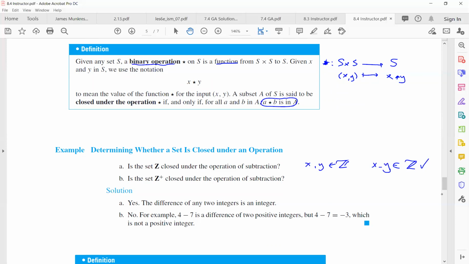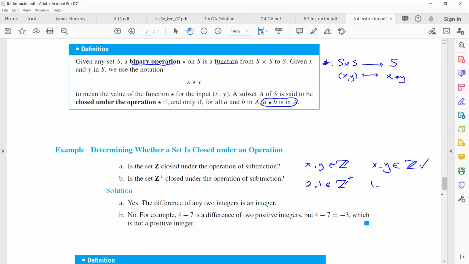What if I change the set to be just positive integers? Is this again closed under subtraction? Okay, suppose I take 2 and 1 in Z plus. 2 minus 1 is in Z plus. 1 minus 2 is in Z as well.